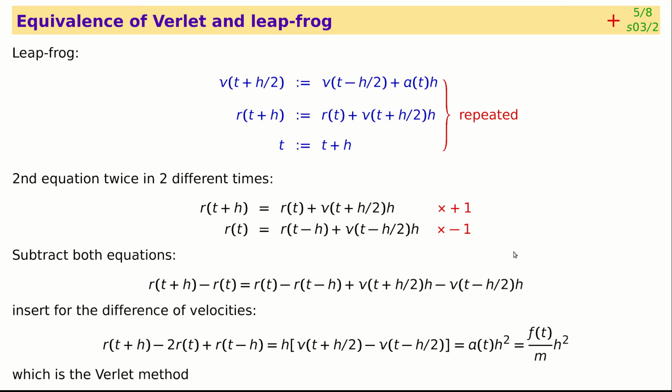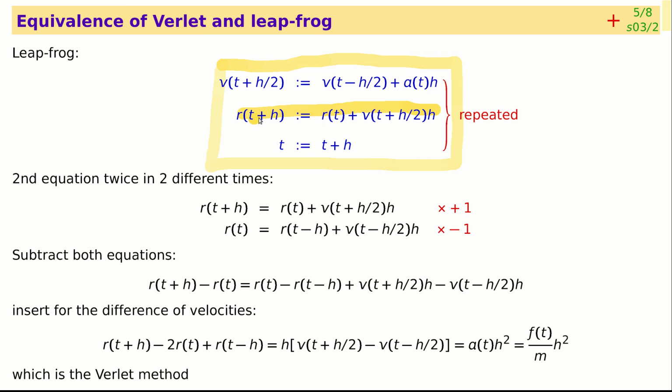Now I will show you something like an extra, not the mainstream: how to prove that the Leapfrog and Verlet methods are equivalent. This is the Leapfrog method. I will write the second equation twice at two different times, because I want to obtain the Verlet method, and it has three times in it.